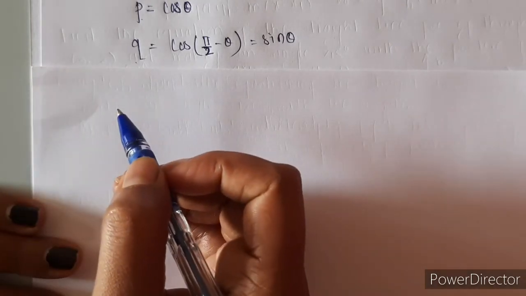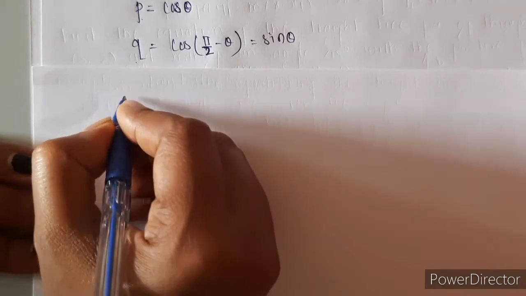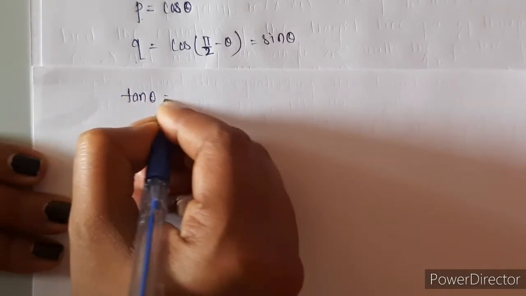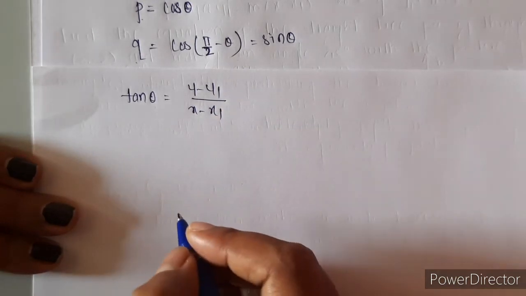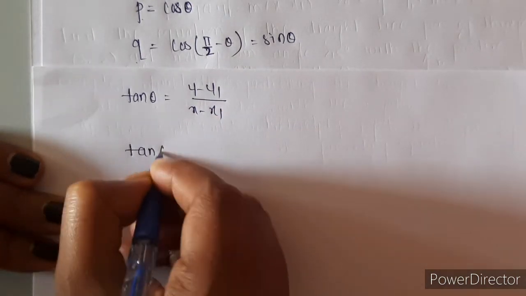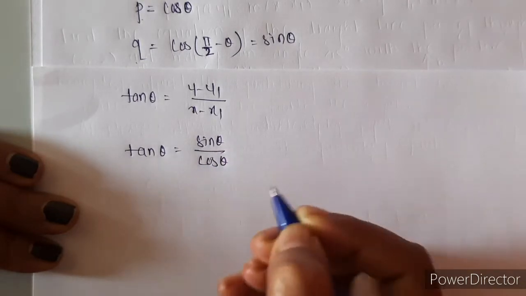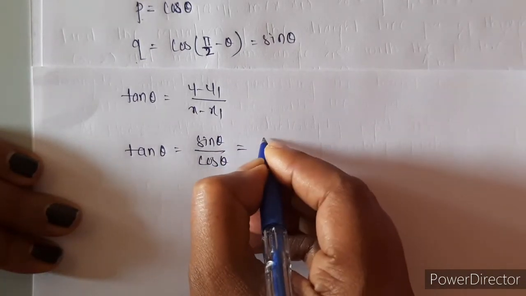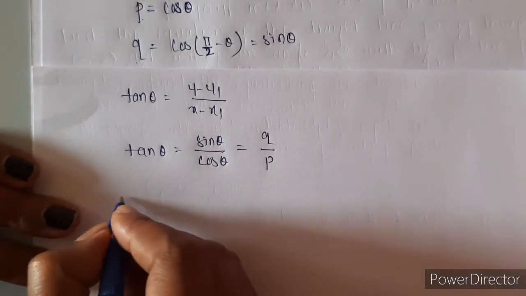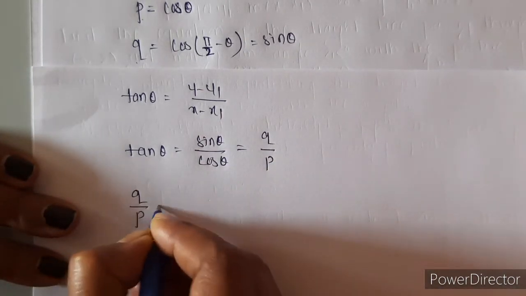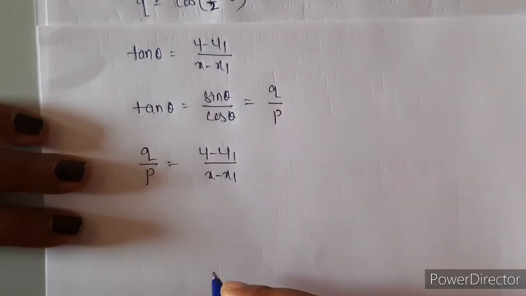Now next we need to find the equation of a line, and from the previous, that is point gradient form, we know that tan theta is equal to y minus y1 upon x minus x1. And tan theta is nothing but sine upon cos. And sine is nothing but q, cos is p. So we can write this as q by p equals y minus y1 upon x minus x1.